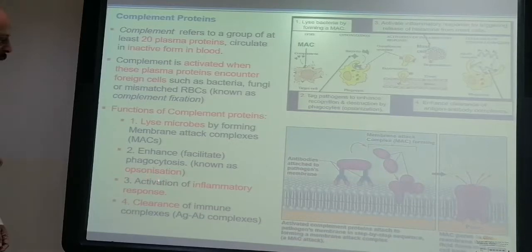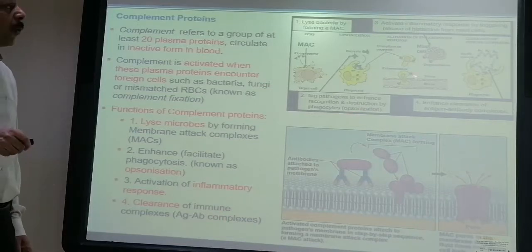Then opsonization will attract the macrophage. So activation of the inflammatory response will be there, and the clearance of the immune complex will come to that area.